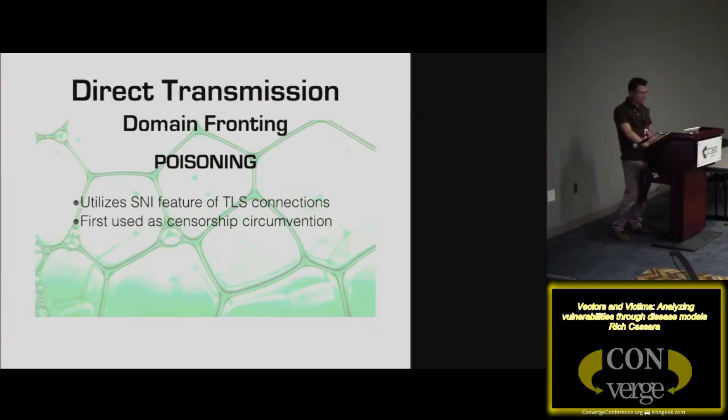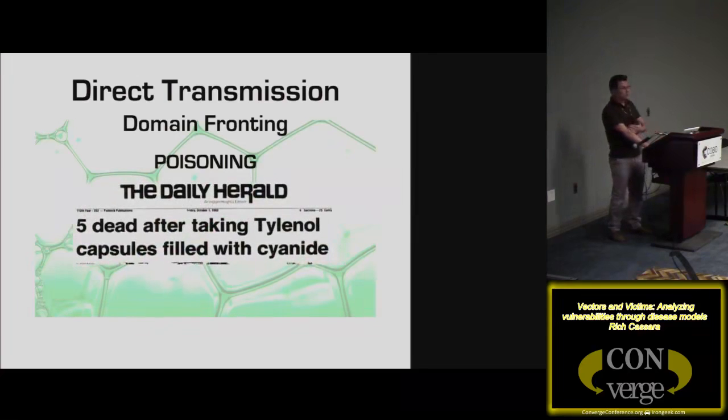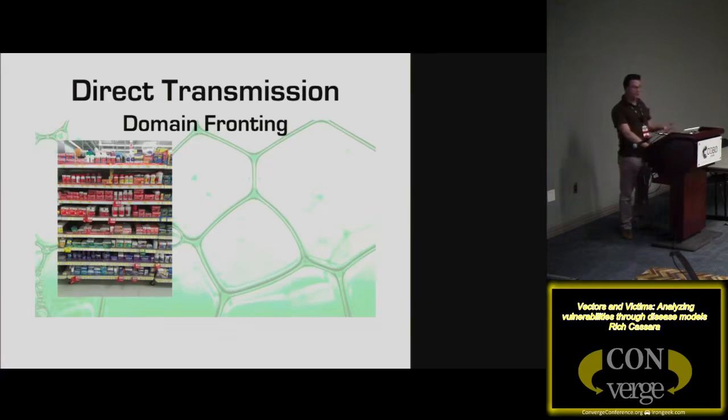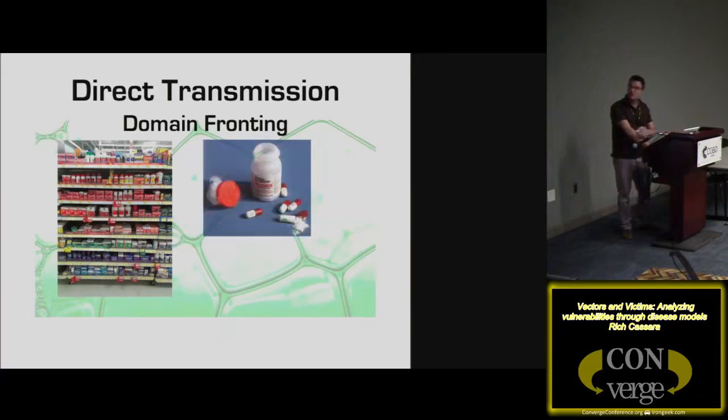And this reminded me of, this is going back a long time. In 1982, there was Tylenol tampering in the Chicago area that killed 5 people. And so this is all about trust, where someone goes to a store that they trust, they buy a product that they trust, and this is how Tylenol was packaged at the time.